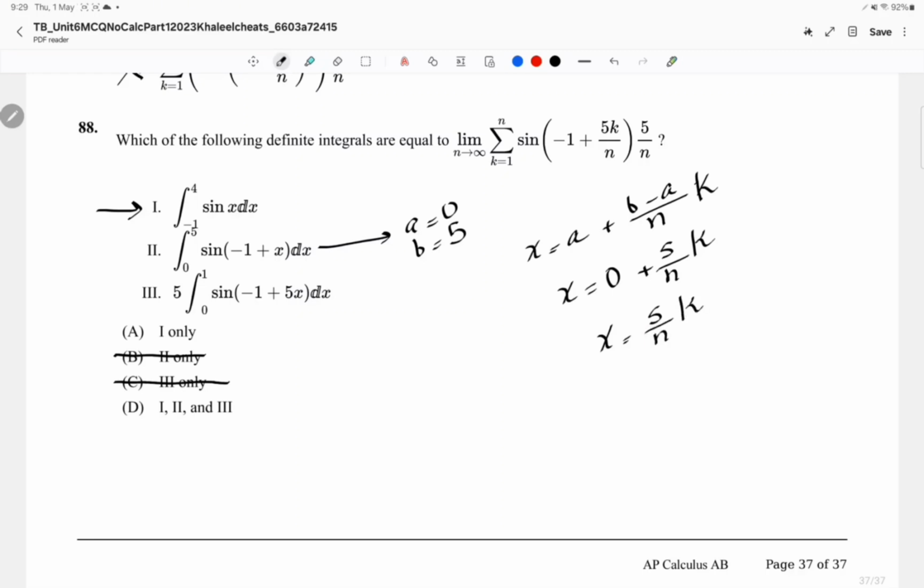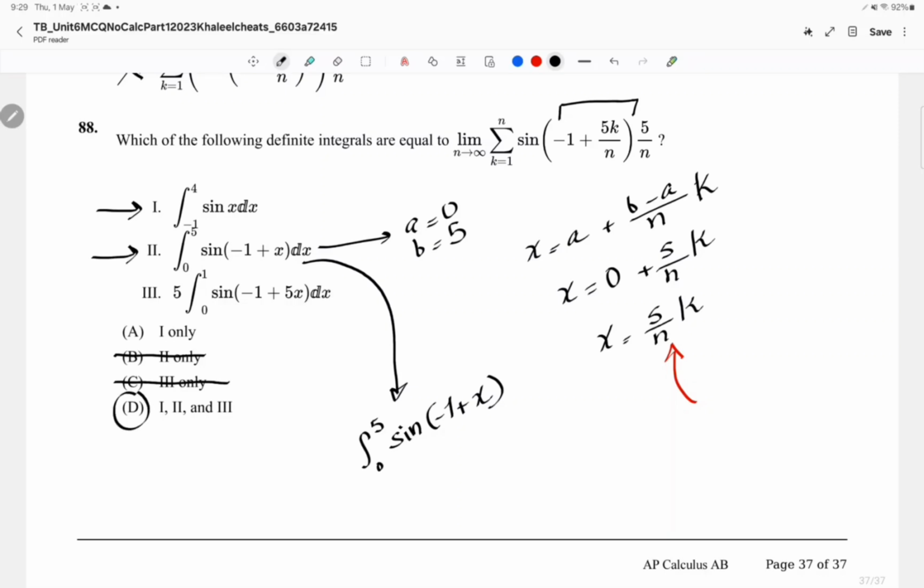Okay, so in that case, what's happening here is that we're saying the integration from 0 to 5 of sine of negative 1 plus x, which, by the way, matches this one, right? Negative 1 plus 5k over n, and 5k over n is just an x. So choice 2 is also going to work. So it's going to be choice D.